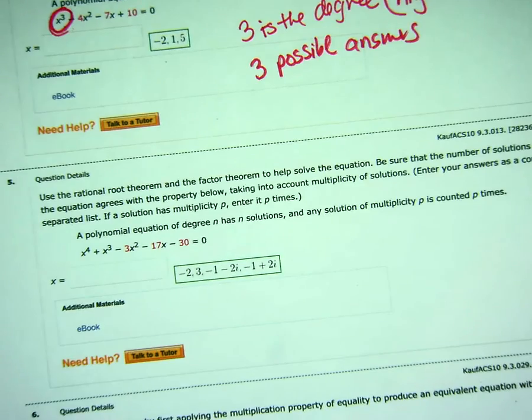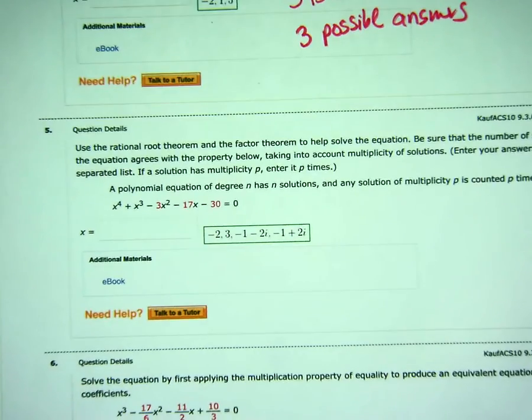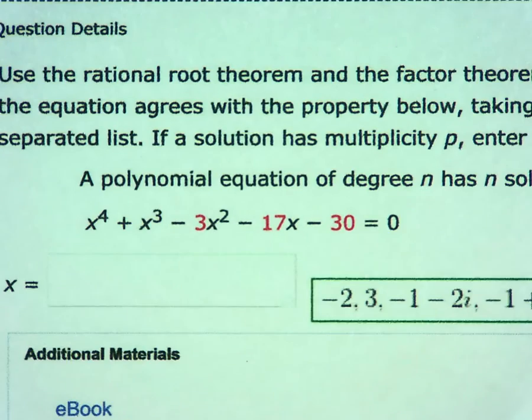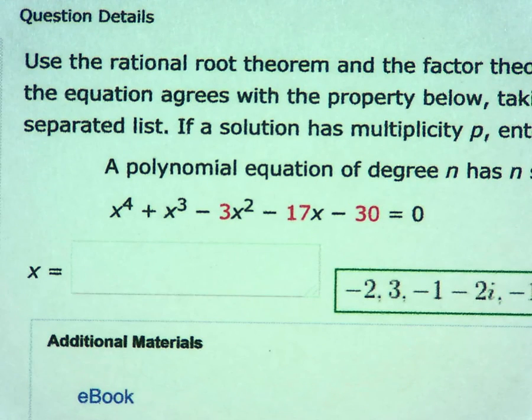Here's another one. So I'm going to zoom in so you can see it. So take a moment to actually look at that one, because that's something else. Notice how you have x to the fourth power, and all this time we've been using x to the second power.